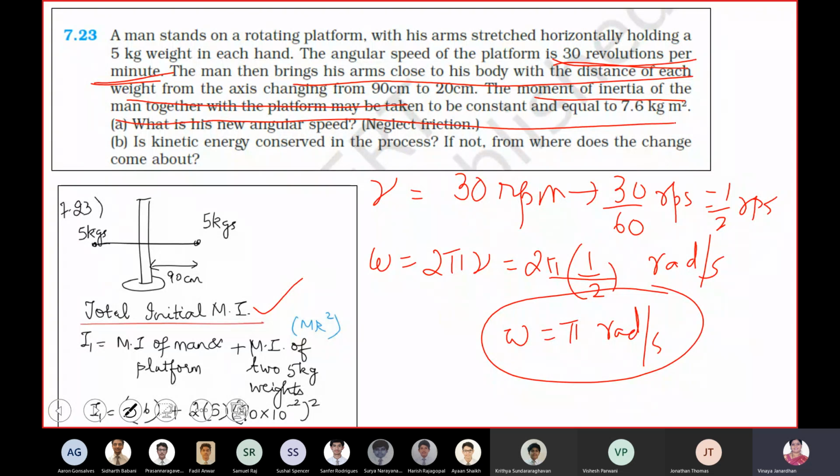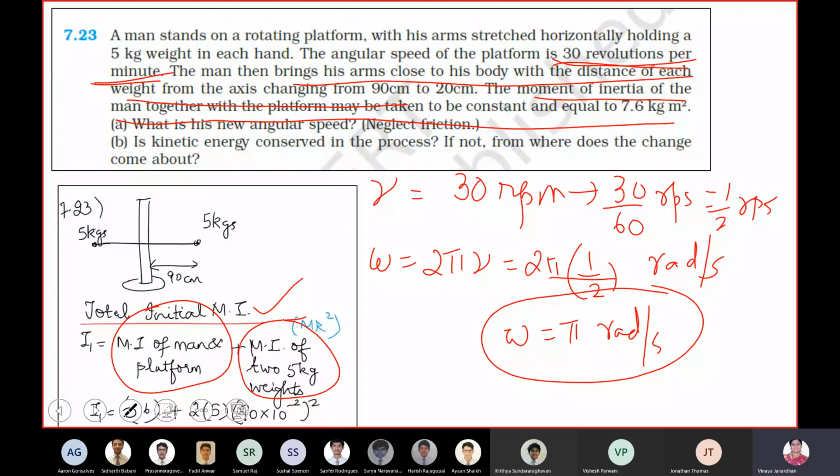So the moment of inertia of the man together with the platform may be taken to be a constant, equal to 7.6 kilogram meter squared. So the total moment of inertia is the moment of inertia of the man and the platform plus the moment of inertia of the 5 kilogram weights.